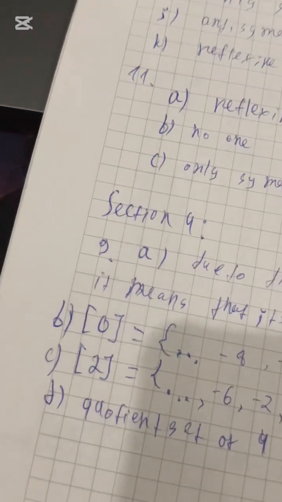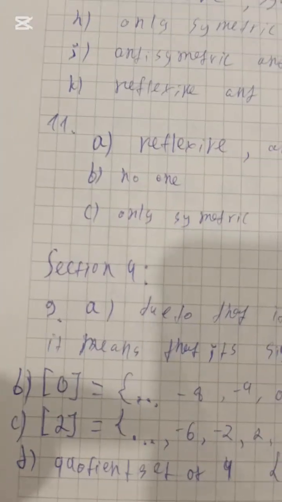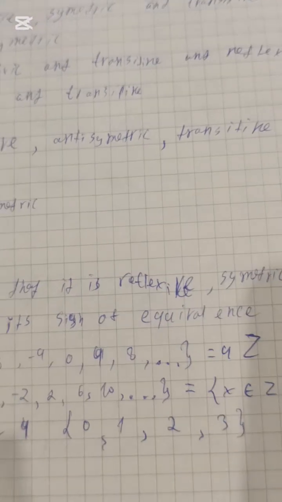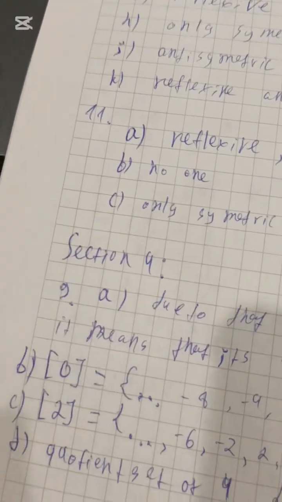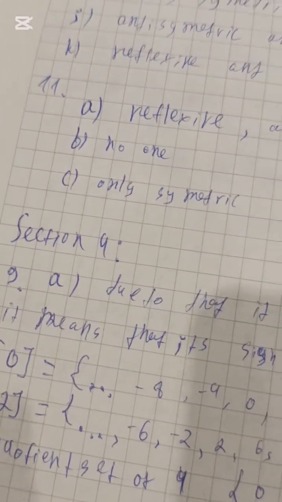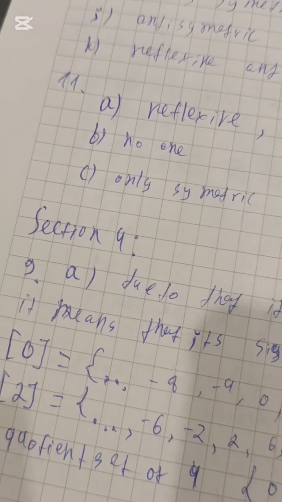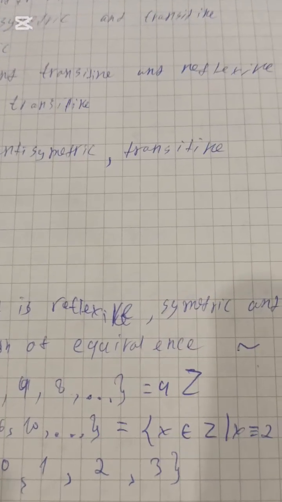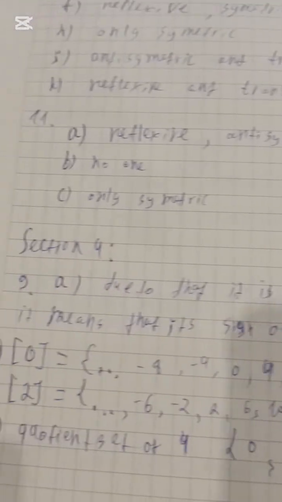And the next B is to find the equivalence class of 0, and the answer will be like that, and it will be for Z. And the next C is to find the equivalence class of 2, and the answer will be x equivalent to Z and equals to 2.